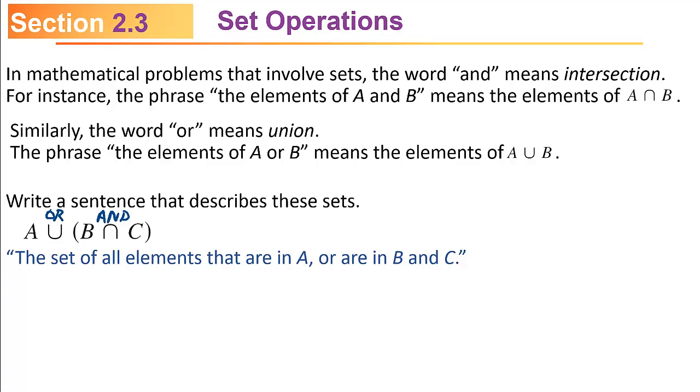And when you see a comma in an English sentence, when you're going backwards and writing the symbolic version, you'll be using parentheses with everything on one side of the comma in parentheses, if there is more than one thing. On the left side, A is by itself, so you don't need parentheses. So you'll practice this throughout the semester and get used to using that comma as a grouping symbol.